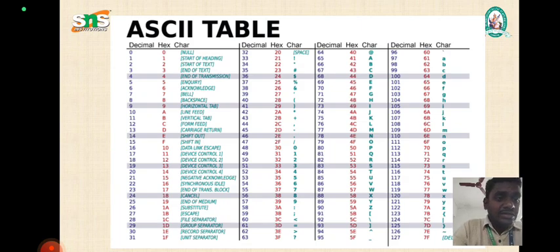Lowercase letters are from 97 to 122. The delete button is 127. There are totally 256 characters; here 127 characters are explained. These are some examples for ASCII codes.